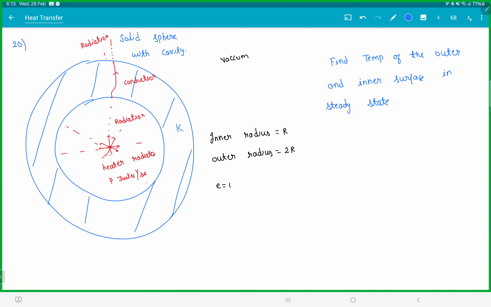This is a good one. A better question would be to find the temperature as a function of x, where x is the distance from the center. But fine, let's find inner and outer.